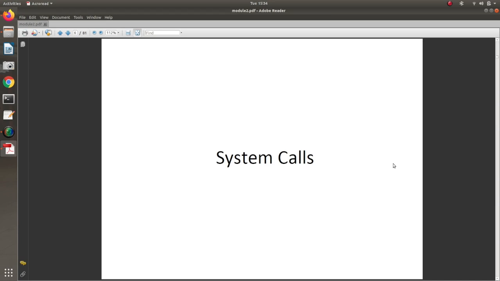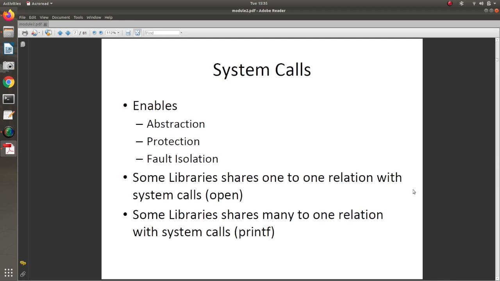Now moving on, what are system calls? What is a system call? A system call is basically a programmatic way in which an application or a computer program requests the kernel to perform some action on the hardware or whatever. What do system calls do?